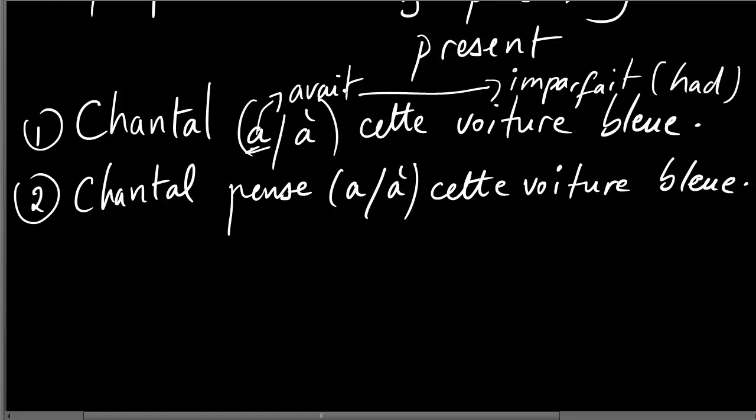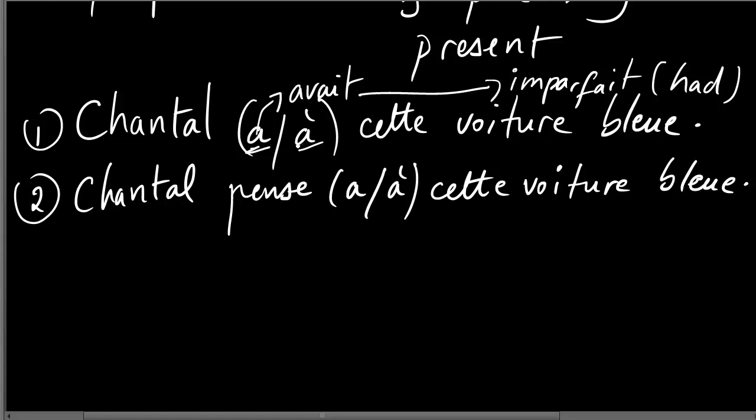The original sentence was Chantal has, in the present, this blue car. Now we have Chantal had, avait, this blue car. We replaced a with avait, and our sentence still makes sense. This is how you know that it's avoir that should be used there and not the preposition.